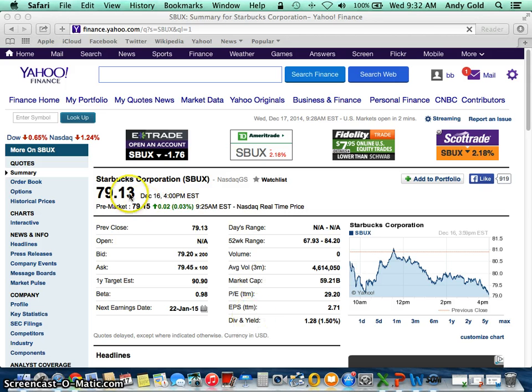Again, just as a refresher, we have up here the stock price of Starbucks Corporation and then some information below it. Specifically, we have down here something called beta. Now, beta is an important term for you to understand because it is a measurement of how volatile or not a particular stock is. So volatility, which basically means how violently a stock goes up or down, is viewed as a risk factor by investors.